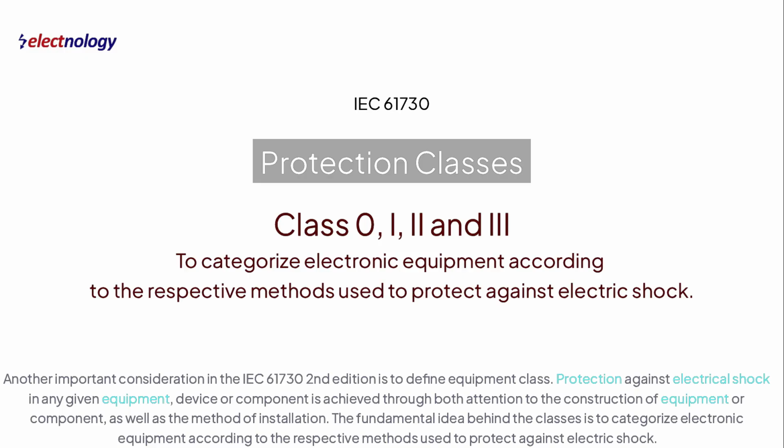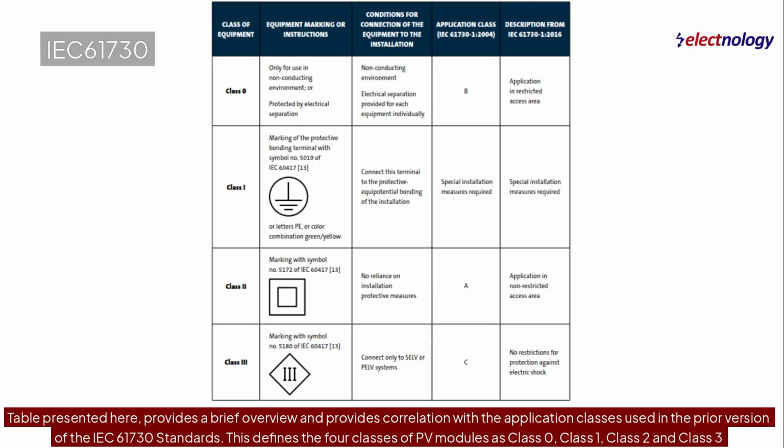The fundamental idea behind the classes is to categorize electronic equipment according to the respective methods used to protect against electric shock. The table presented here provides a brief overview and correlation with the application classes used in the prior version of the IEC 61730 standards.